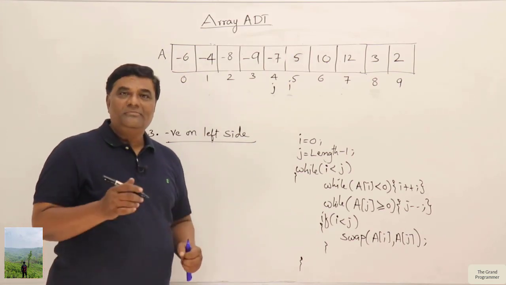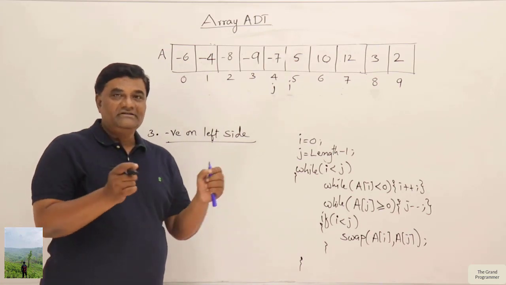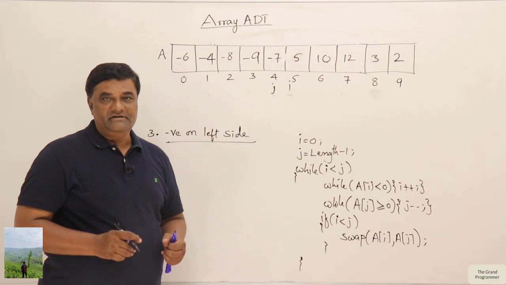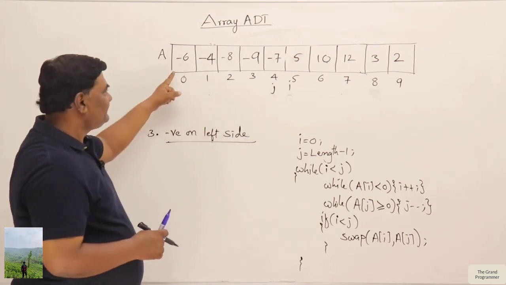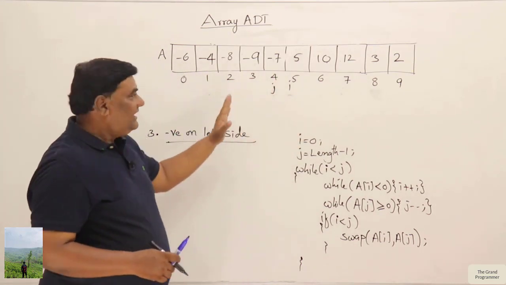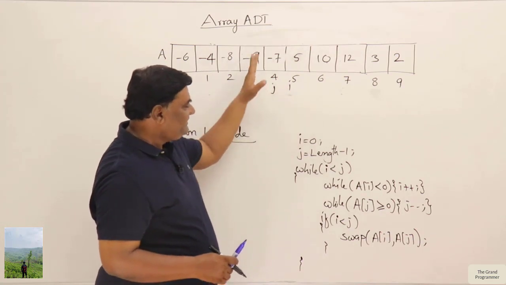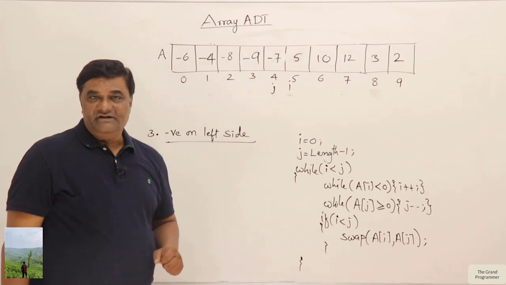Now analysis, how much time it has taken. The time was spent on comparing the elements. So in total, how many elements were compared? n plus 2 elements were compared. We started from here with i, and from there with j, and i has increased and checked one more number, j has also decreased and checked one more number. So total n plus 2 comparisons were there.